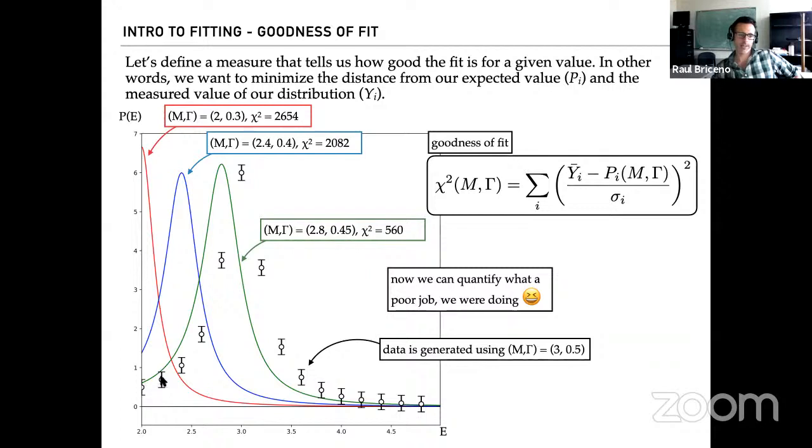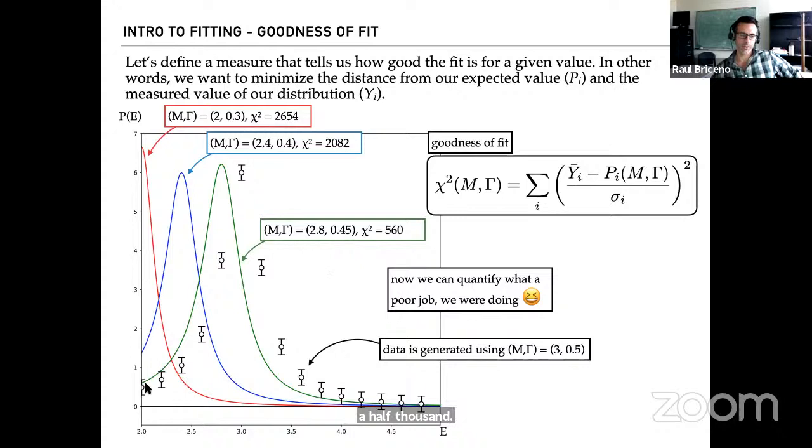And then I would add the distance between this black point and this red line over here divided by the uncertainty. And then I would evaluate the distance between this black point and this red point divided by the uncertainty. And I would add up all those, all the way from this to this, and I would get a chi-squared of 2,500. So it's crazy big, really big.